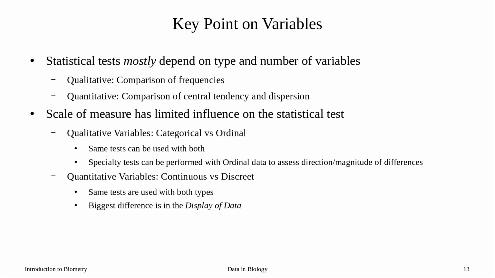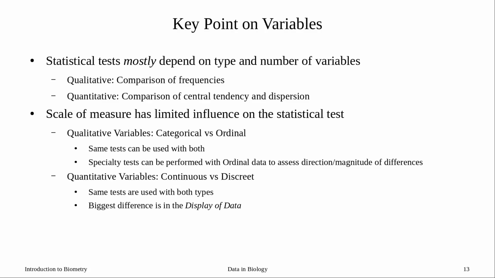So once we decided on what tests we could run, then the number gets us to that next step. Scale of measure has a very limited influence on the statistical tests. So with our qualitative variables, so categorical and ordinal, we're going to use the same test for both. Chi-square tests, G-tests, we use those for both regardless of the actual scale.